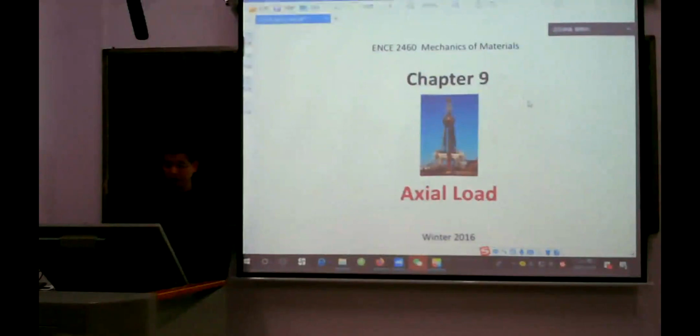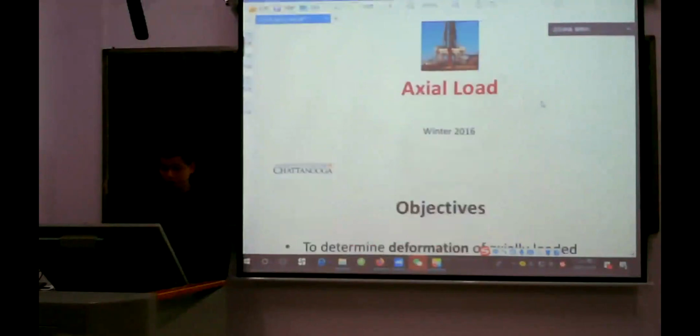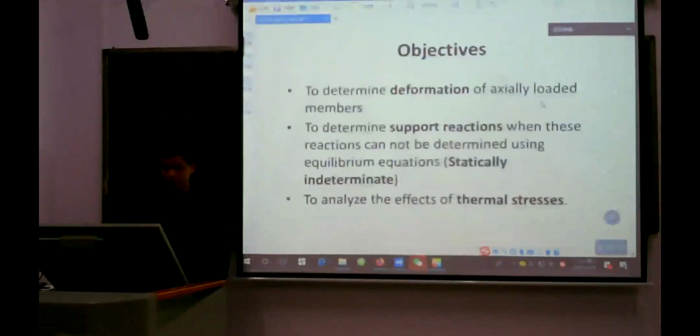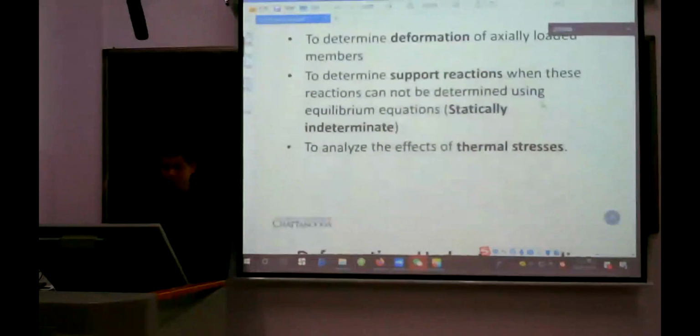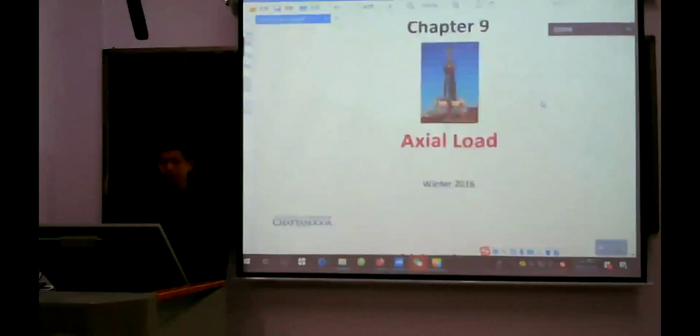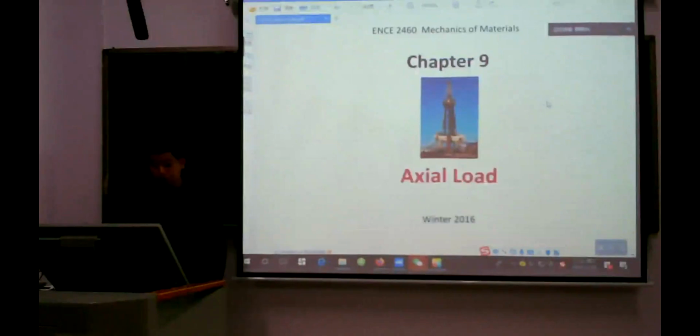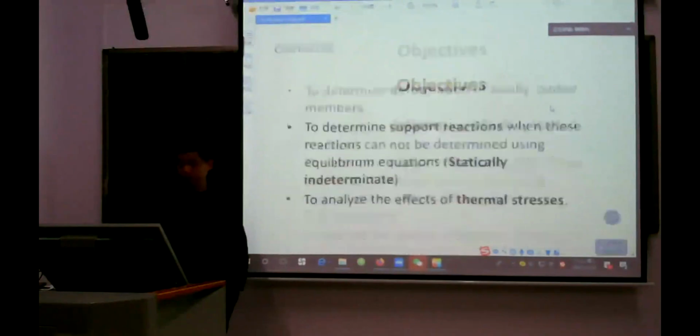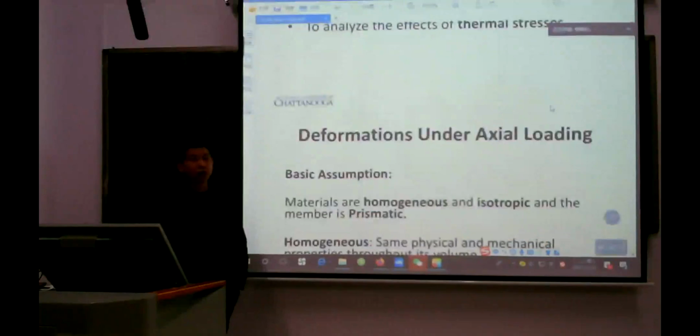Yeah, last class. So in this part, we will introduce how to find the deformation of an axial loading member. Actually, it's very easy. Last lecture, some of you could find it.